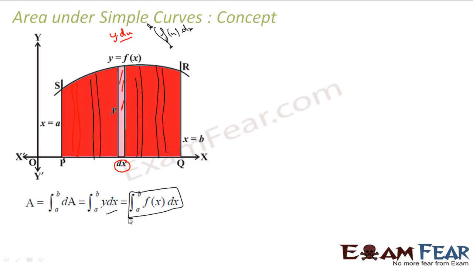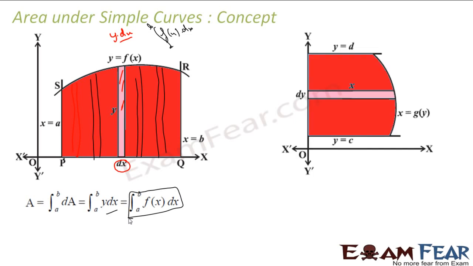The same thing applies if you're asked to find the area of this curve with respect to, let's say, the y-axis. In this case, for example, you have this curve and you want to find the area with respect to the y-axis. The same concept applies here, but it will be x into dy. The dA is nothing but x dy, the area of the small chunk.